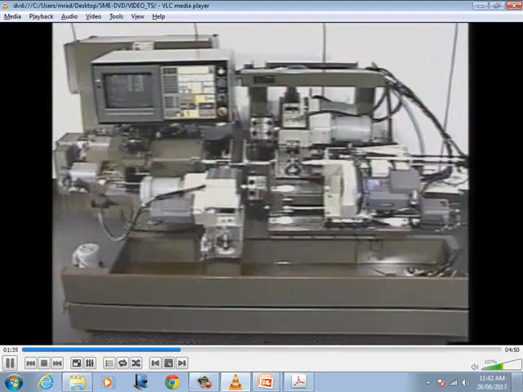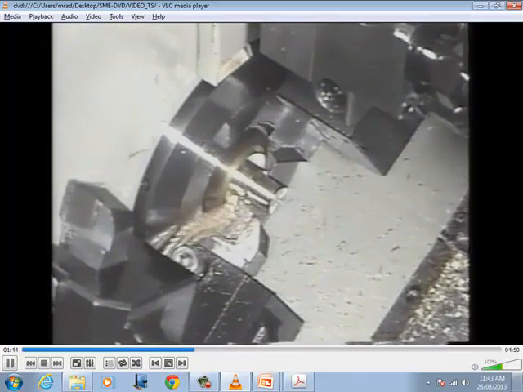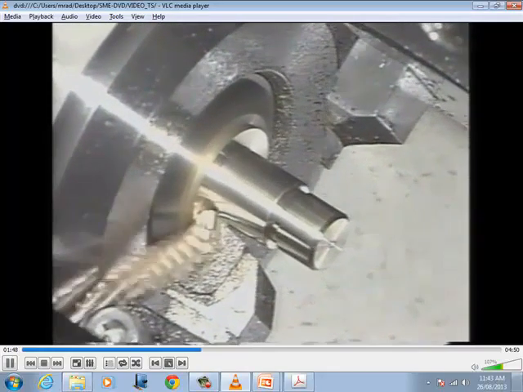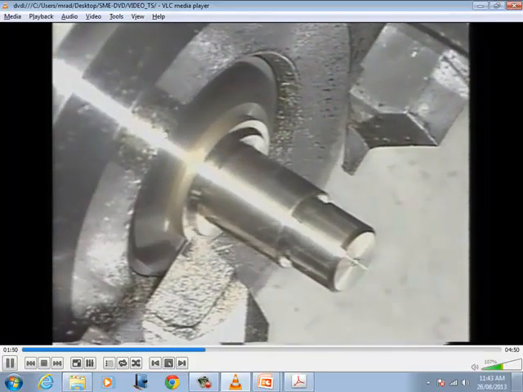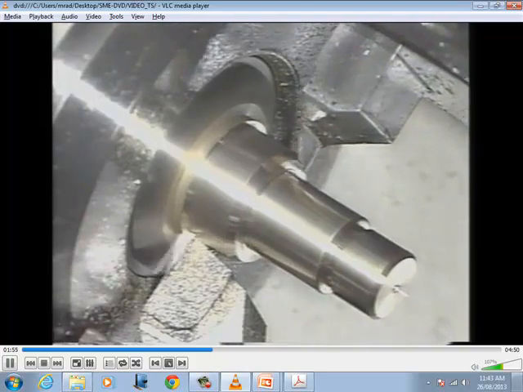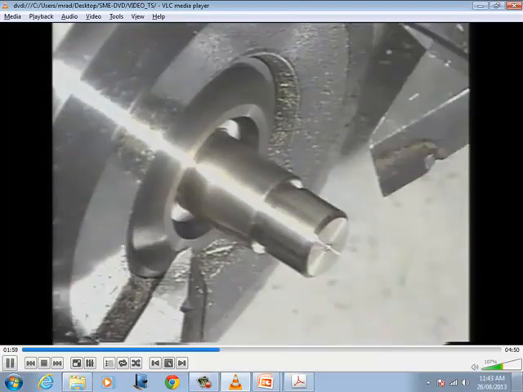The CNC Swiss-type automatic is primarily for parts that are long and thin. To generate external features, the bar stock is fed longitudinally by a sliding headstock through a bushing past the radially arranged turning tools. Long, thin parts can be turned without deflection, as all turning is done adjacent to the bushing, which supports the rotating bar.